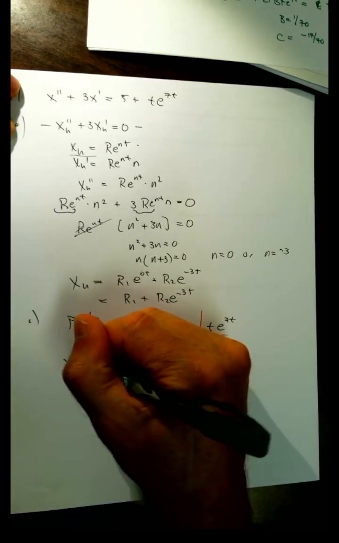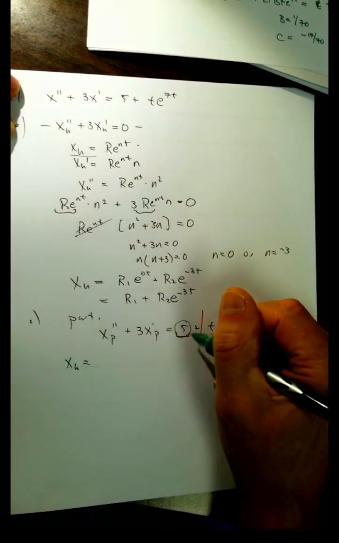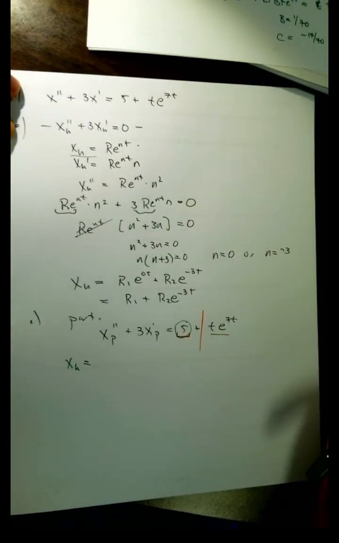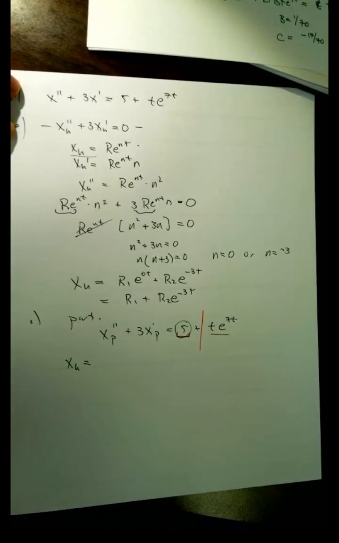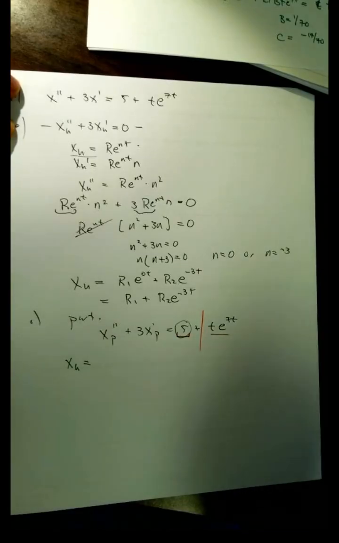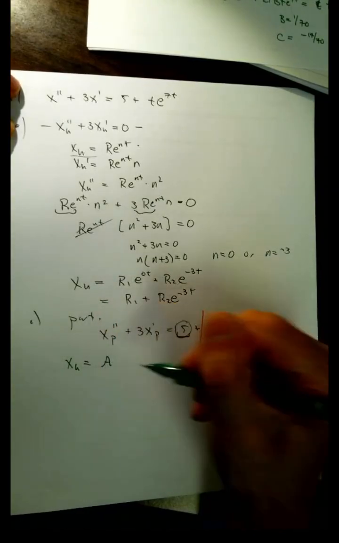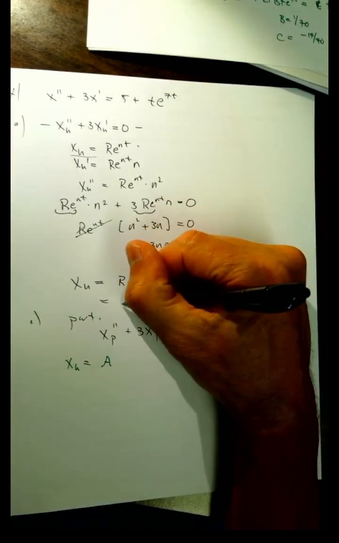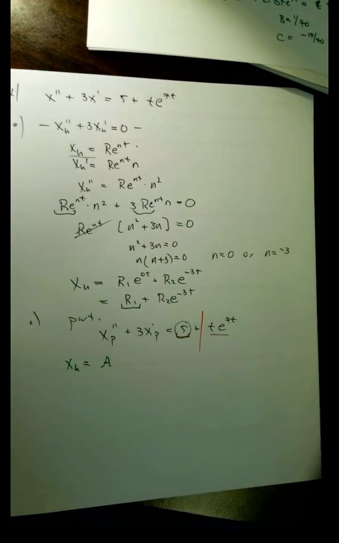Focusing on just the polynomial, it's a polynomial of degree 0. So if I'm looking for a function and I'm taking derivatives and I plug it into the equation and add things up and I get a polynomial of degree 0, I should just guess a polynomial of degree 0. Problem is, there's a polynomial of degree 0 in the homogeneous solution. So that is not going to work.